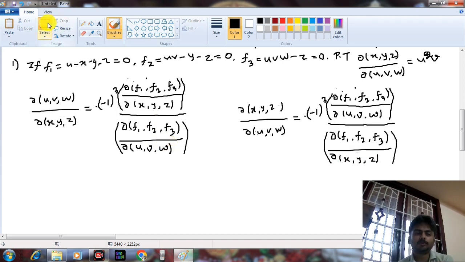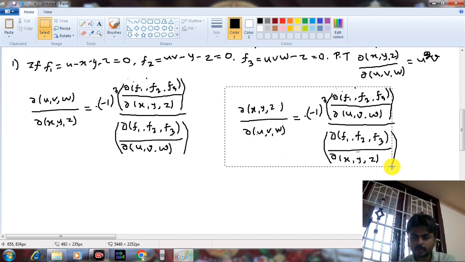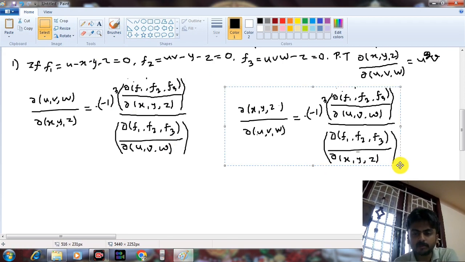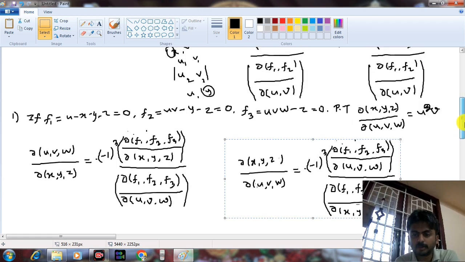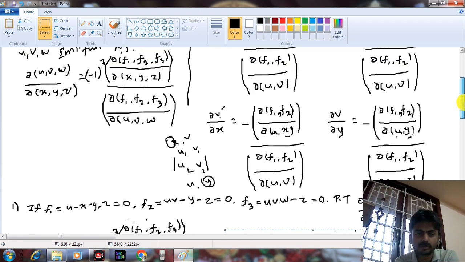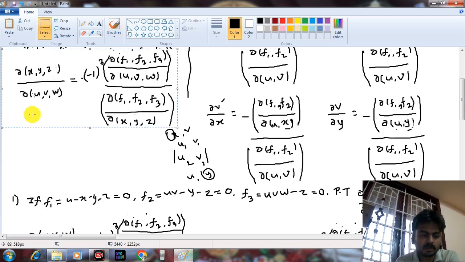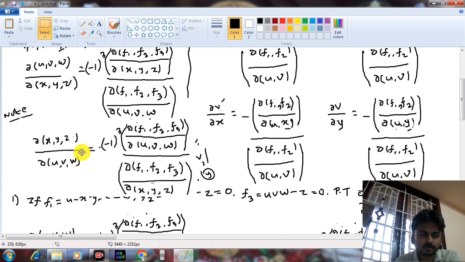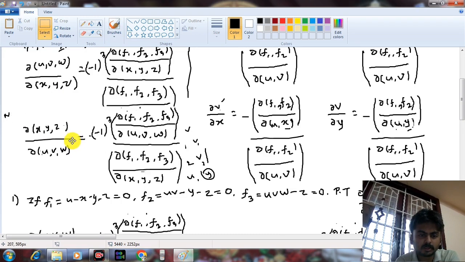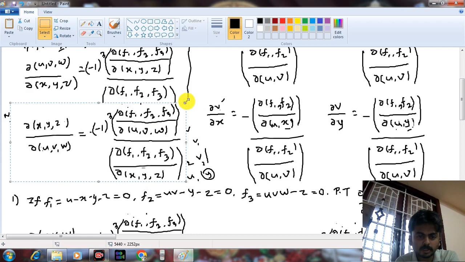If you want, you can copy the formula as a note in the above topic itself, here also as a note, because you may need this formula.